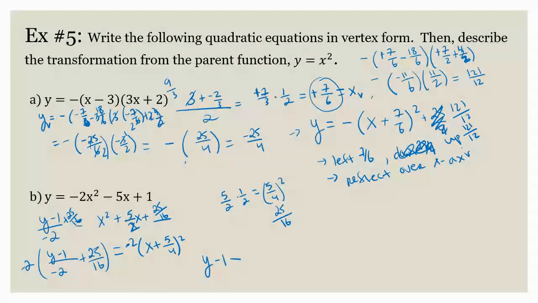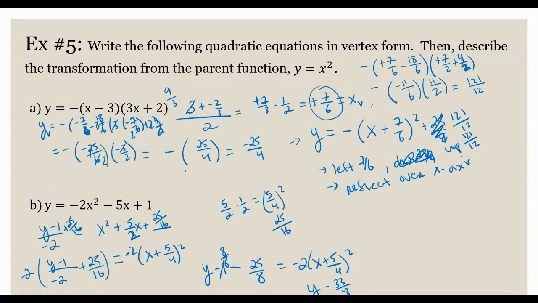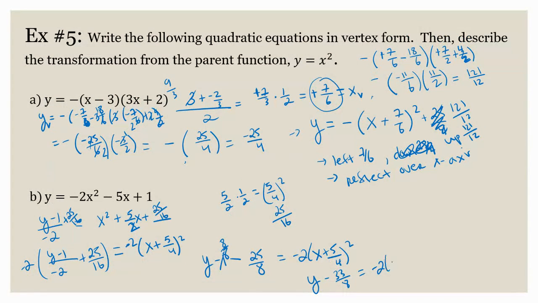So that's 25 over 8 equals negative 2 times x plus 5/4 squared. This is the same thing as 8 over 8. So negative 8 minus 25 gives me negative 33. So that will give me y minus 33 over 8 equals negative 2 times x plus 5/4 squared.